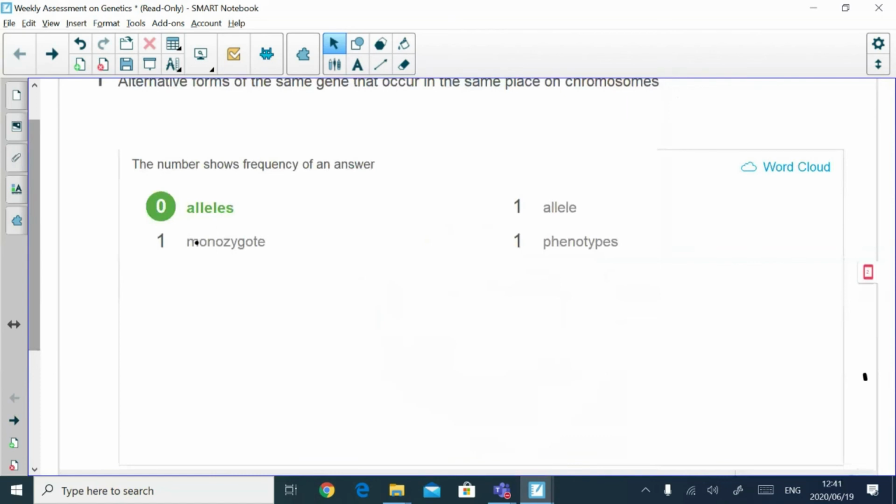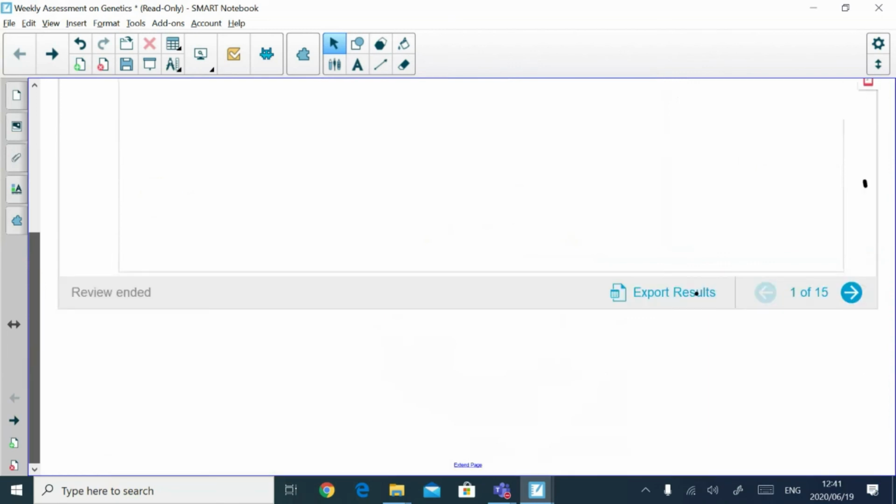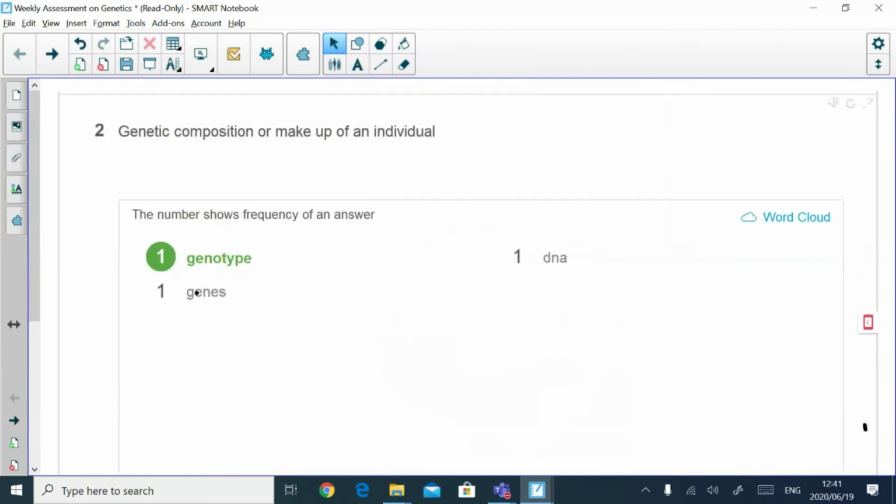Right. The first one. First one says the genetic composite or makeup of an individual is the genotype.